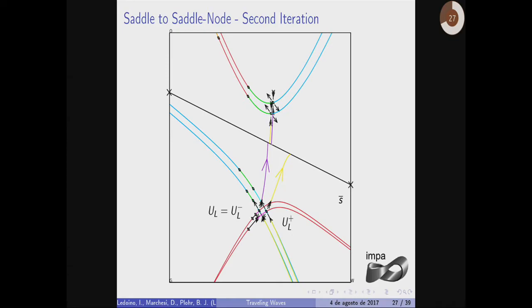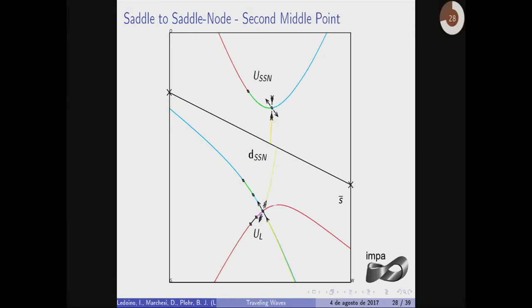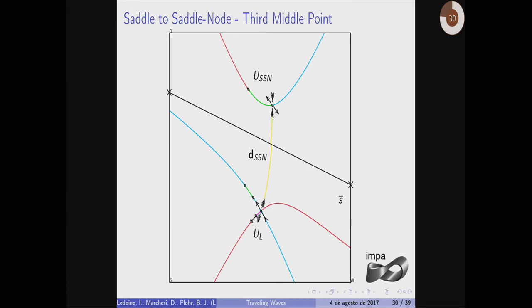And now you have another smaller region to look for, and you go on and on. And at this point, you already have something that looks to the eye like a saddle-to-saddle node connection. Okay.